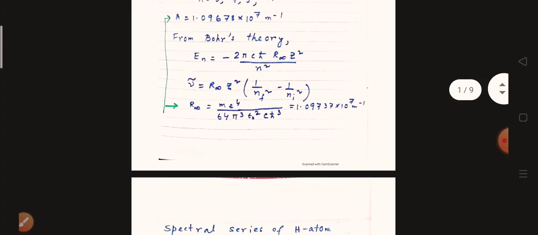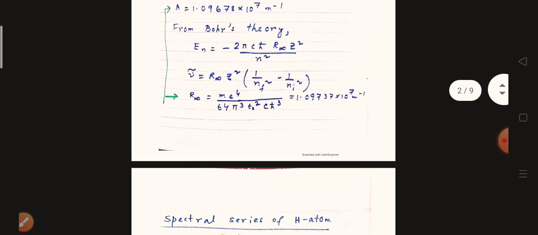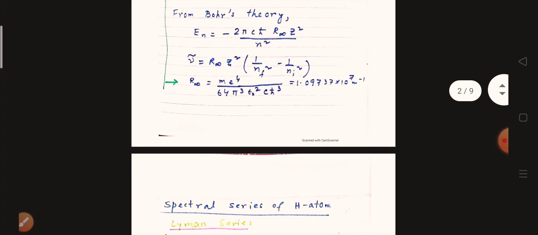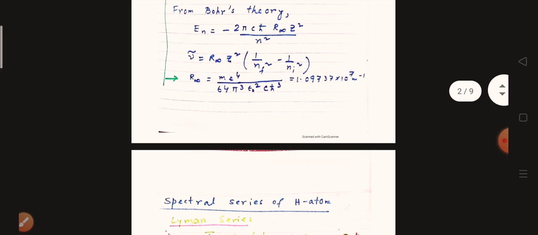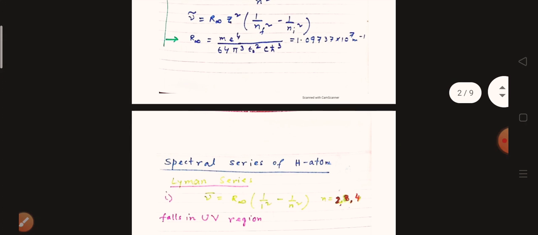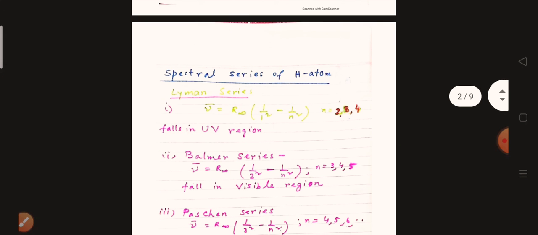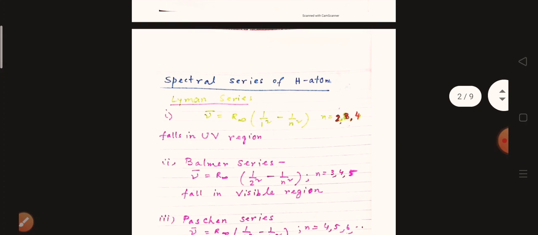The third postulate is that emission of electromagnetic radiation from the hydrogen atom or hydrogen like atom takes place when the electron makes a transition from a higher state, that is E2, to an orbit of lower energy, that is the lower state E1, and the emitted radiation will be h nu equals h cross omega equals E2 minus E1.